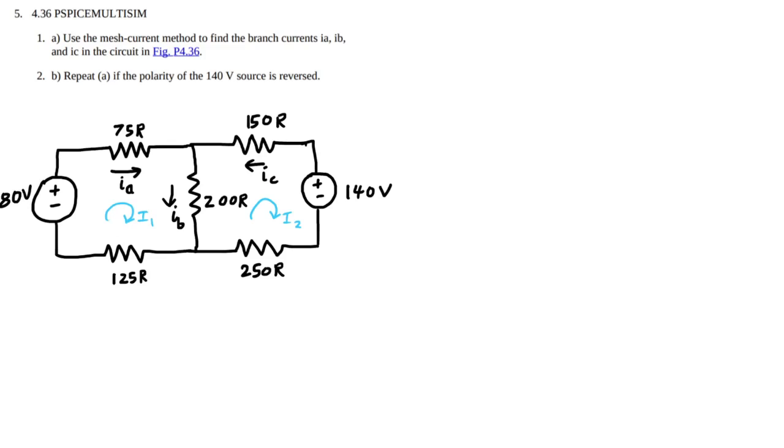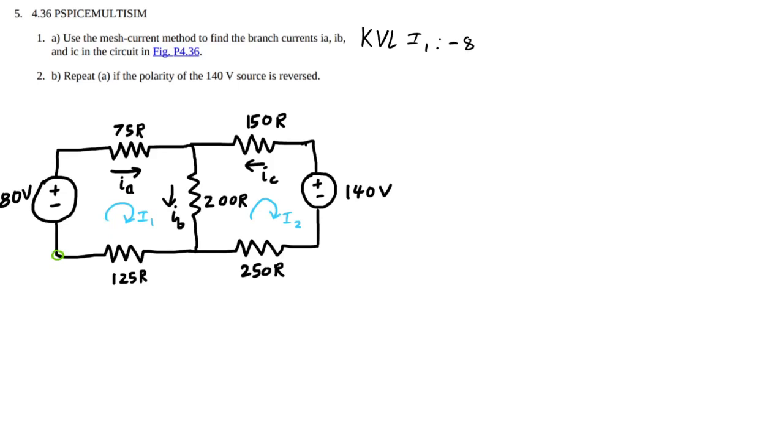So anyway, I'll do KVL for I1. I'm going to start over here and we make a complete closed loop. So I'm going to move clockwise.